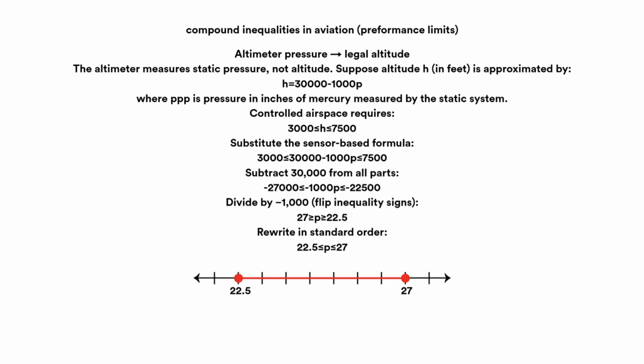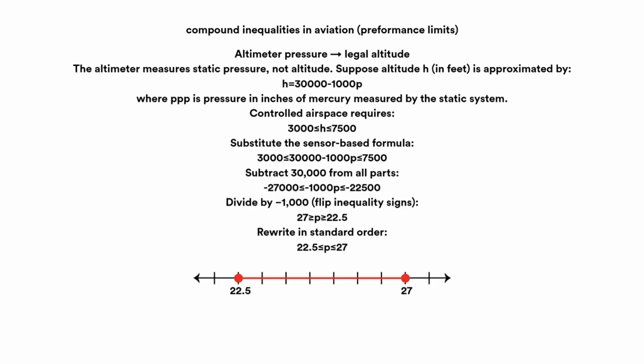Subtract 30,000 from all parts, which results in negative 27,000 is larger than or equal to negative 1,000P, which is larger than or equal to negative 22,500.